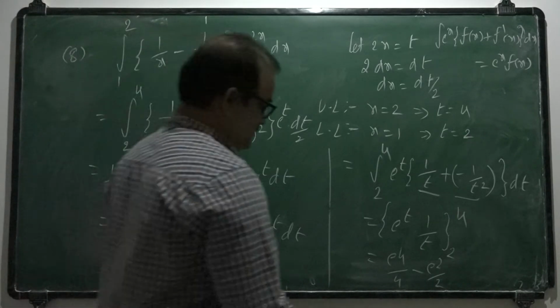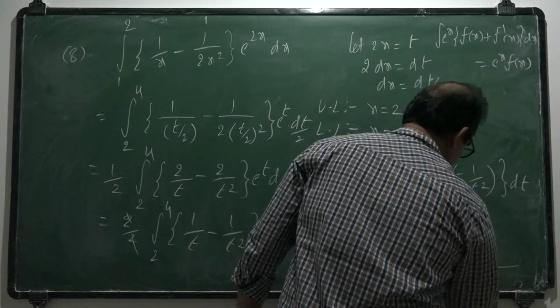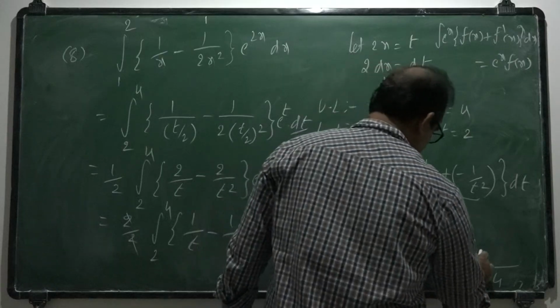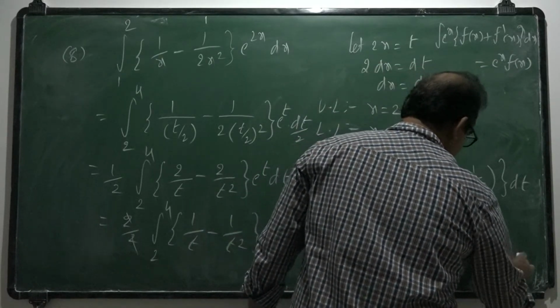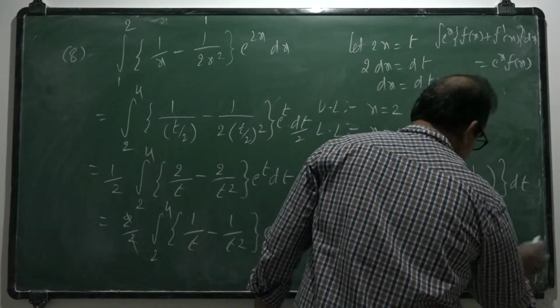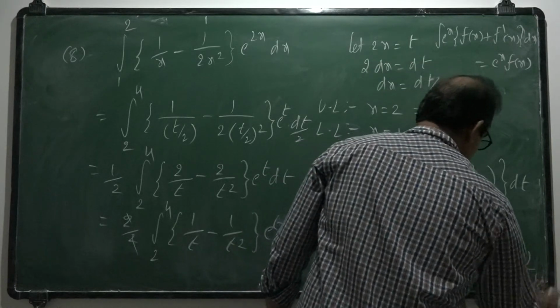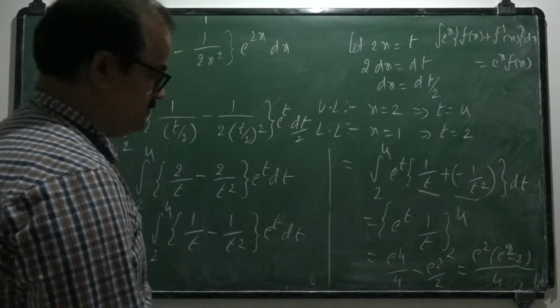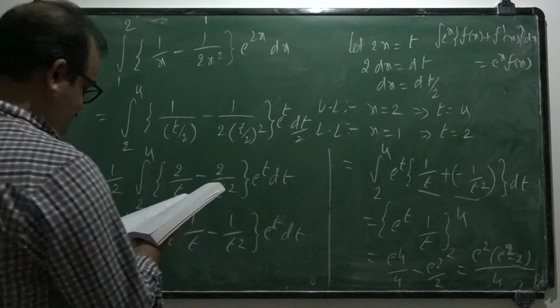Or you take LCM here. 4 is the LCM. We get e power 4 minus 2e square by 4, or e square into e square minus 2 by 4. If the answer is further simplified, you also simplify.